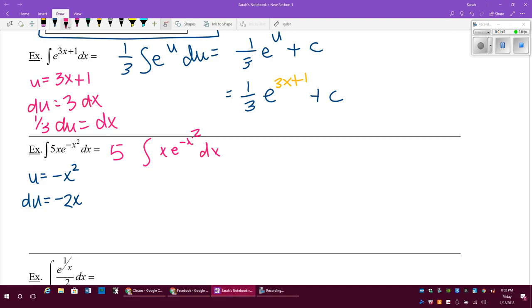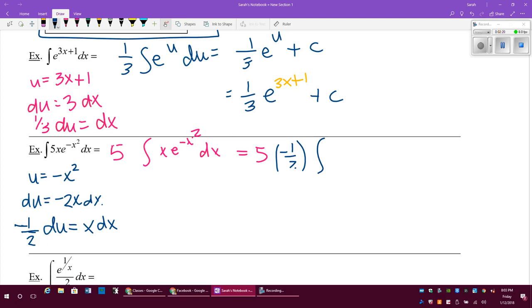So you go to set up a u substitution, you let u be negative x squared because it's the inside function within a function, which means that du is going to be negative 2x dx. I forgot my dx. I'm going to divide out my negative 1/2 and just get x dx. So I still have my 5 chilling out front. I've got a negative 1/2 that we're not going to add to this party.